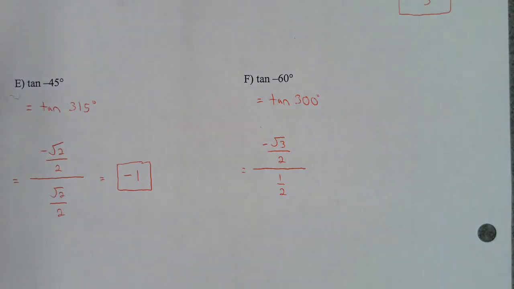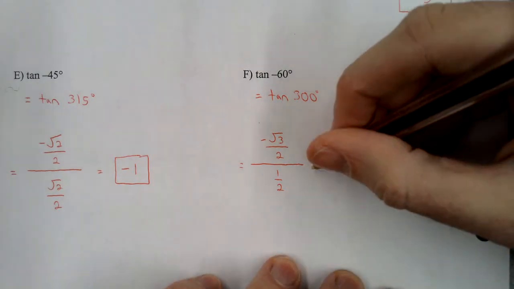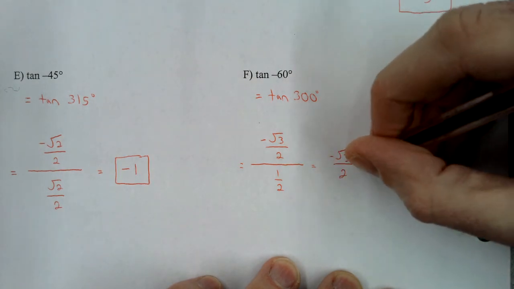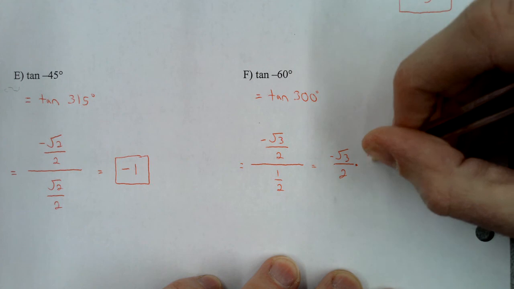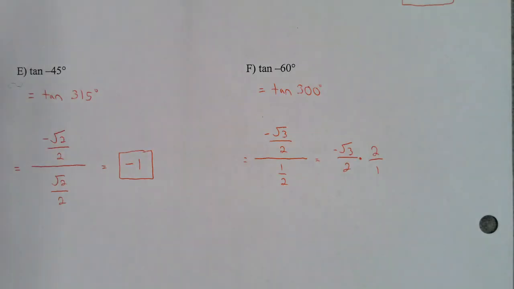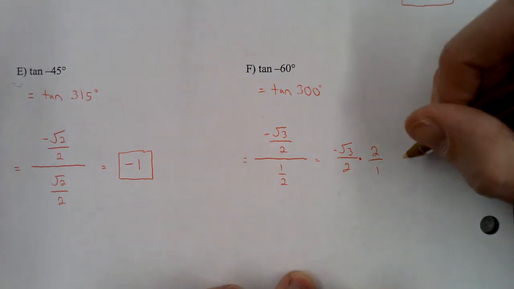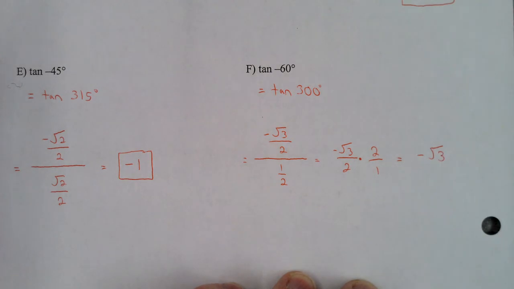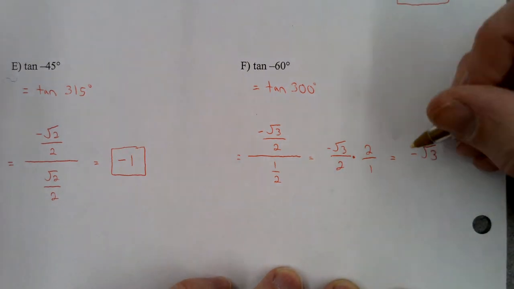Let's change that to multiplication by the reciprocal. So negative square root of 3 over 2 times 2 over 1. The 2's multiply out, and we have, oh, that's it. All we have left over is negative square root of 3. I thought that was going to be a little more difficult. The 2's divide out, and there's nothing left but negative square root of 3.